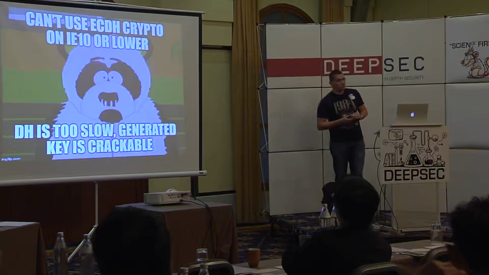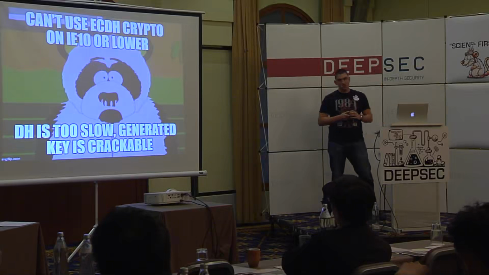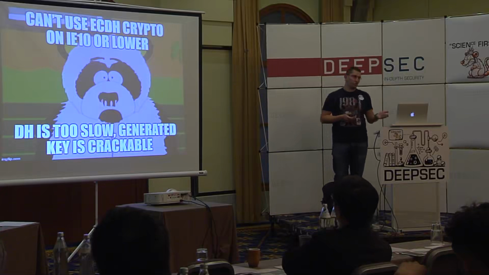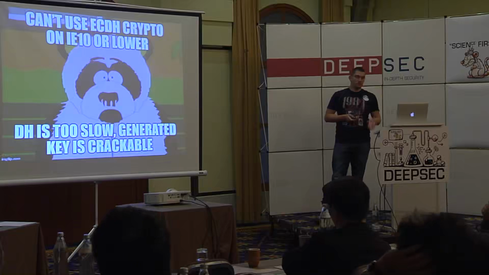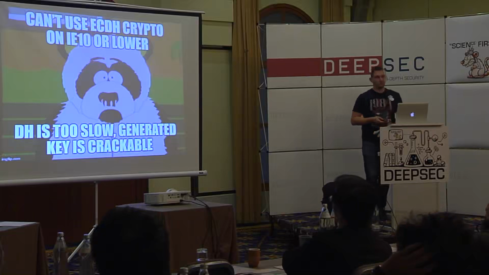So I believe this is what the Angler exploit kit developers were thinking when their shellcode was decrypted, because they had to use old IE browsers because they attack vulnerable browsers. Because of this, they couldn't use elliptic curve cryptography, and because of this, their code was basically reverse engineered.